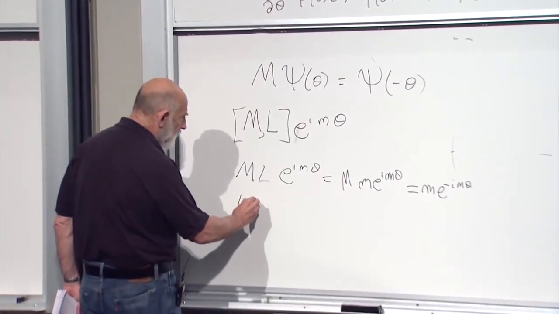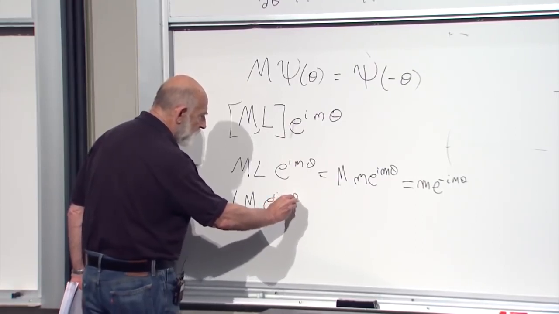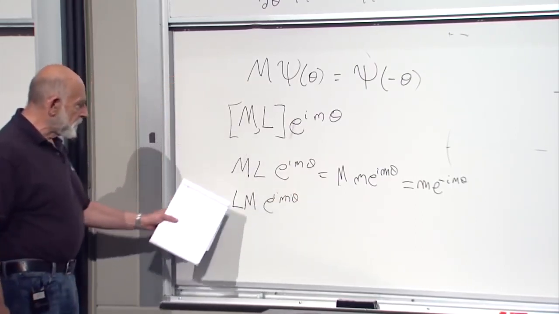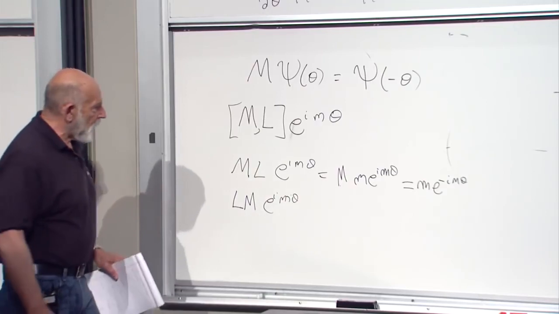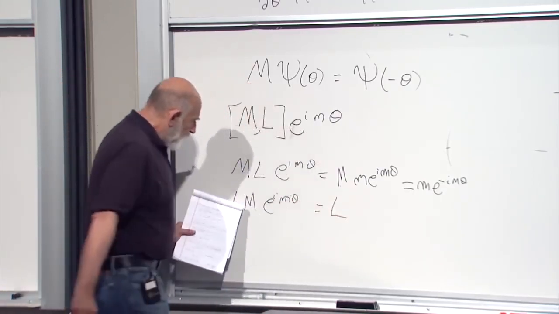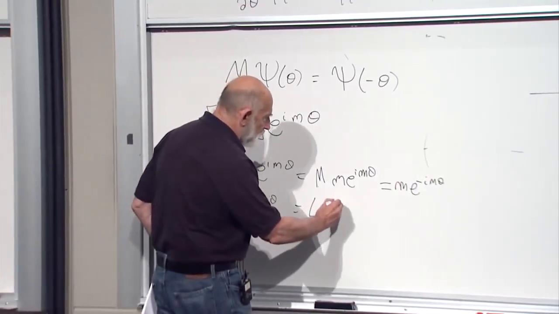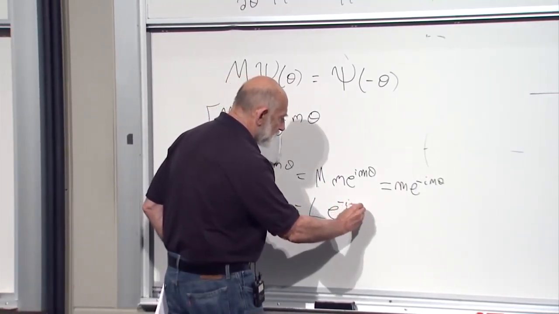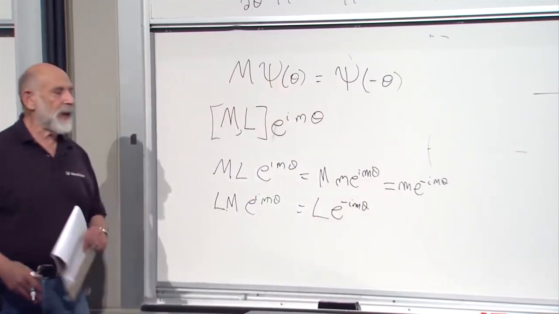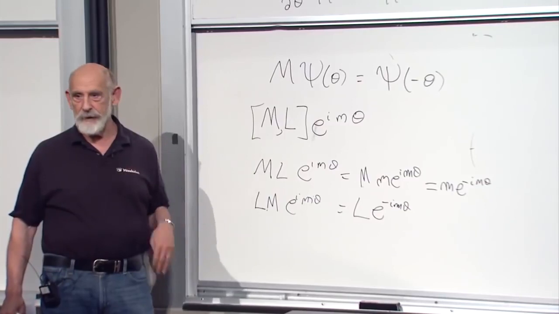Okay, let's do it in the opposite order. L M e to the i m theta. Now in the opposite order, first M acts. When M acts, it changes the sign of theta and gives us e to the minus i m theta. But what happens when L hits e to the minus i m theta? Anybody got a good idea?